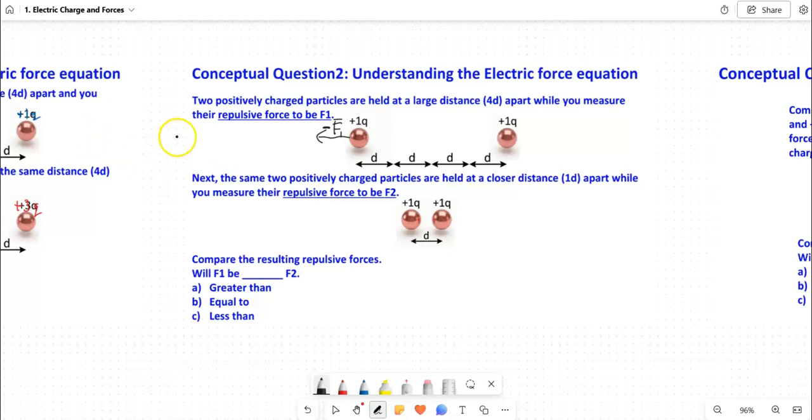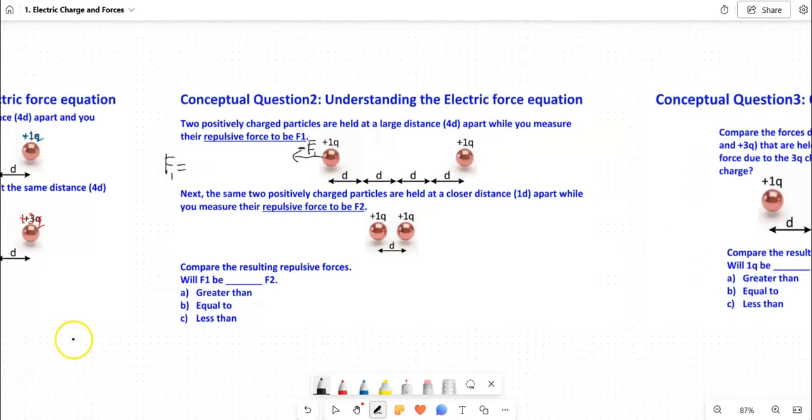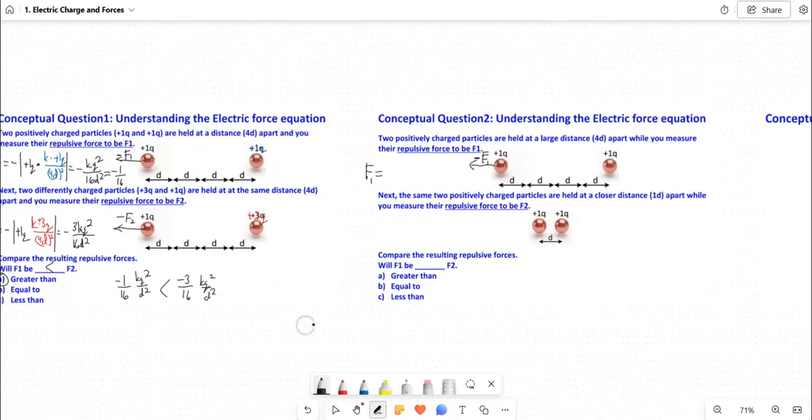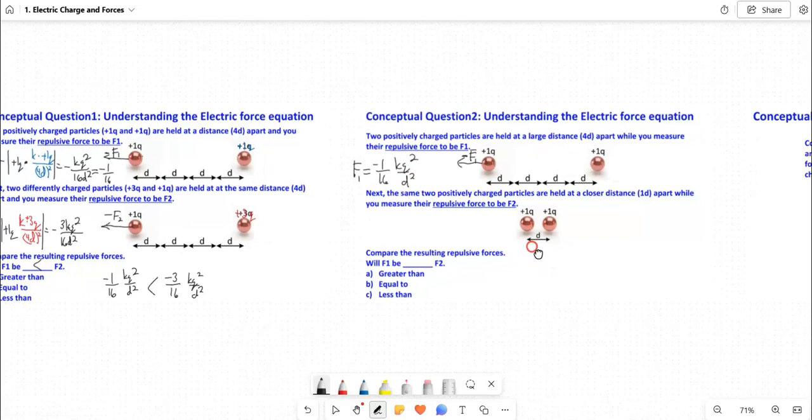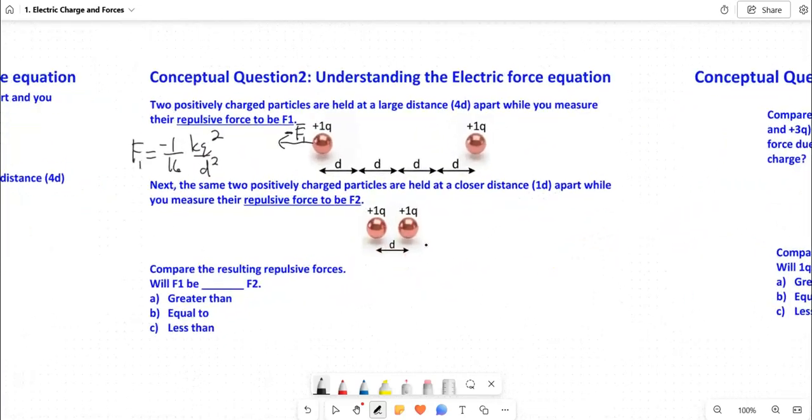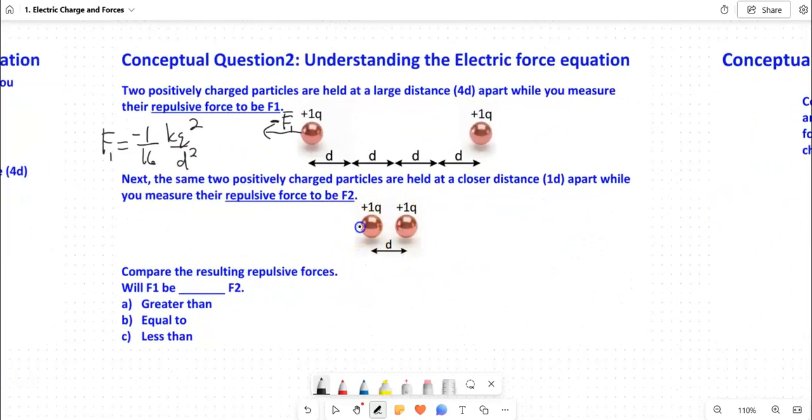All right. Well, nothing has changed from the very first instance where we figured out that the force is going to be negative 1/16 kq squared over d squared. So that's the same as in the other problem that we did. All right. But now in the second part, this is also being pushed to the left.